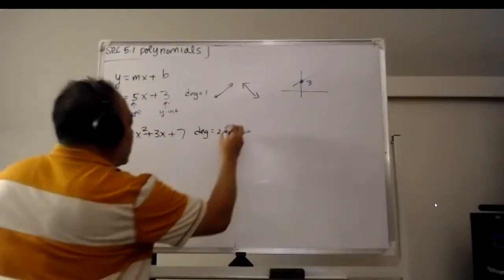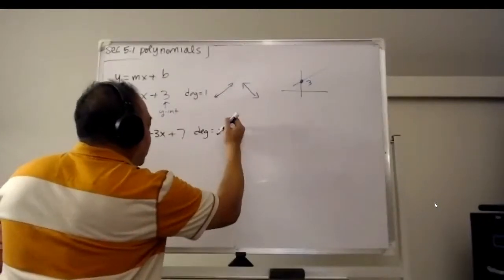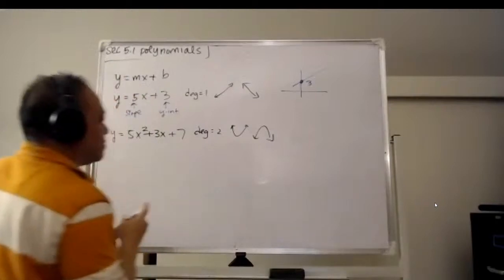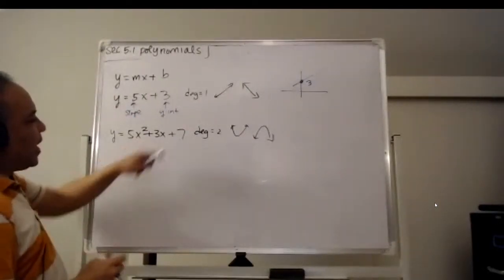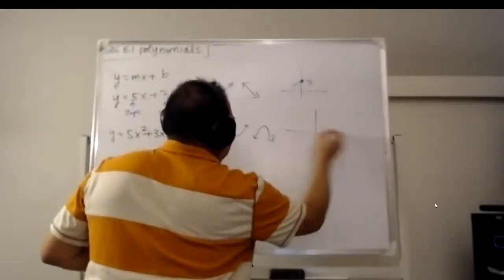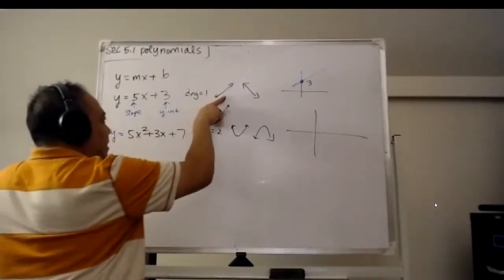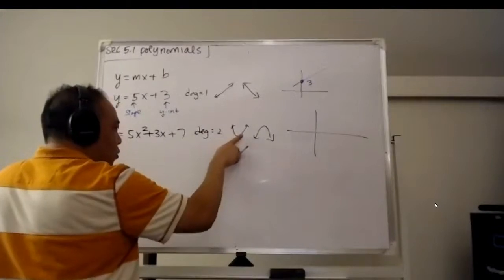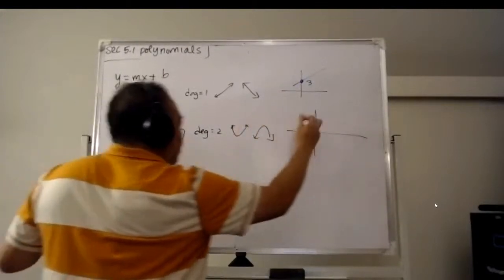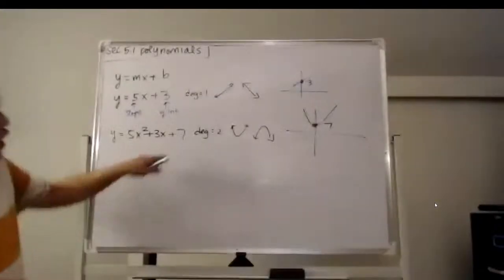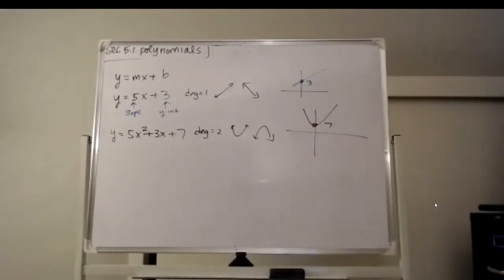And degree equal to 2 look like parabolas. They look like this, or they look like this. And that I know that this thing is going to look like this, right? See how that's positive? See how that slope goes up? I have to pick the one of these that goes up at the end. And my y-intercept is 7.